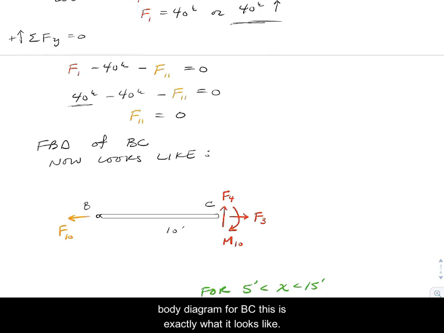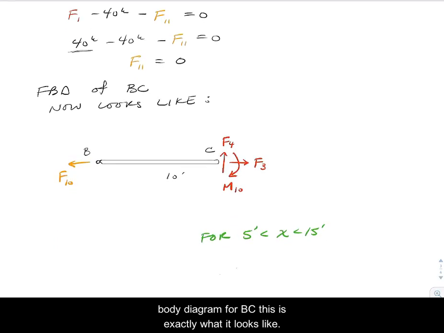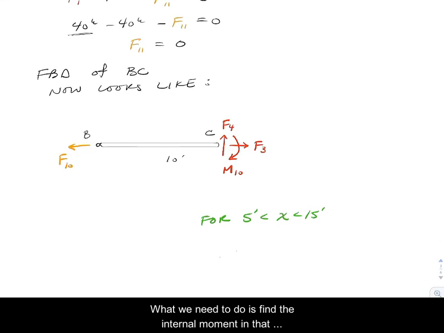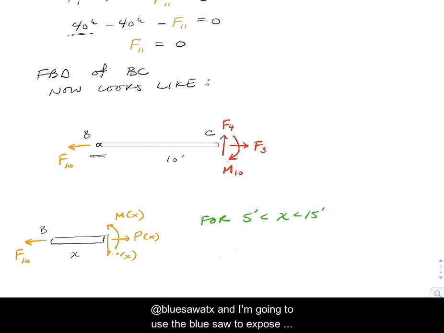So if we look now at the free body diagram for BC, this is exactly what it looks like. And so what we need to do is find the internal moment in that segment, and that's going to be able to assist us in finding the deflection at point B. So I'm going to use the blue saw to expose m of x.